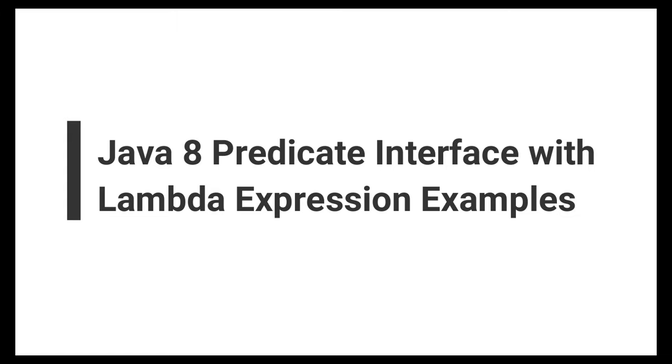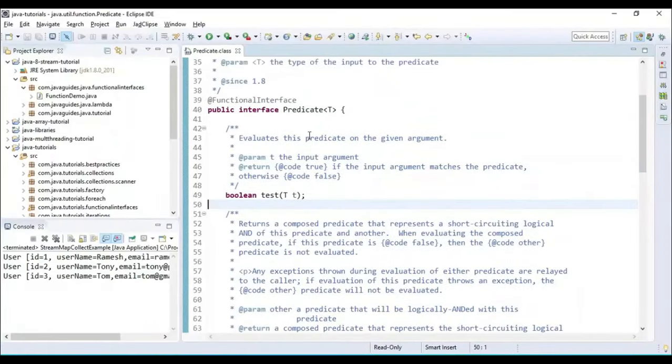Alright, let's understand more about the predicate functional interface by looking into its internal implementation. Look at here in Eclipse. This is the predicate functional interface, and it is a generic functional interface that accepts different types, like an object or wrapper classes.